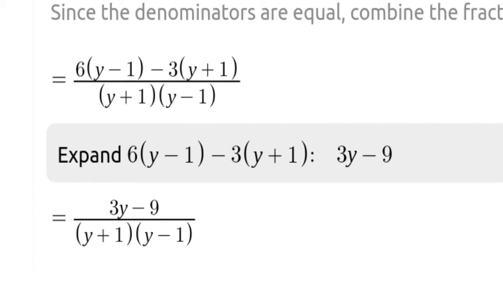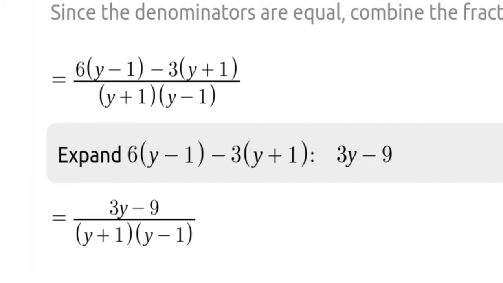Minus 6 minus 3 gives us minus 9. Guys, listen to the words. Minus 6 minus 3 gives minus 9, exactly. So listen to the words.